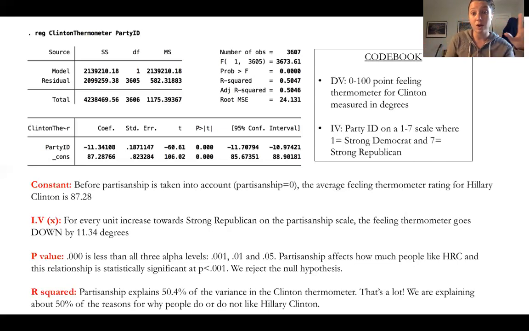We're trying to explain why some people don't like her and some people do like her, which means we're trying to explain that variance. Partisanship is explaining 50% of what is going on in these ratings. For all the possible explanations for why people could like or dislike Hillary Clinton, partisanship alone is explaining 50% of this. That's very big and frankly expected because partisanship is a very important variable. So that is how we would interpret this.